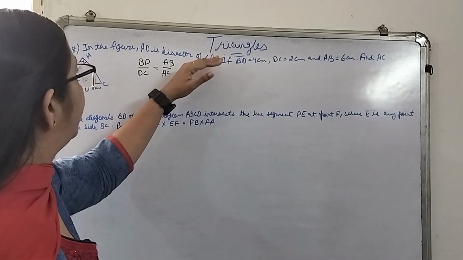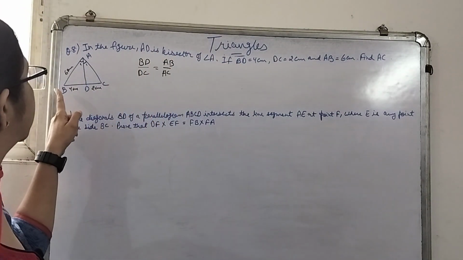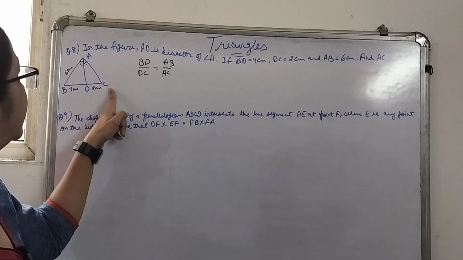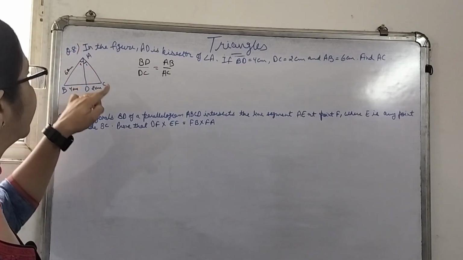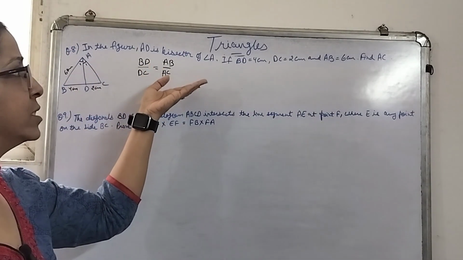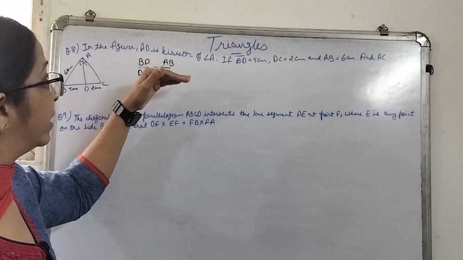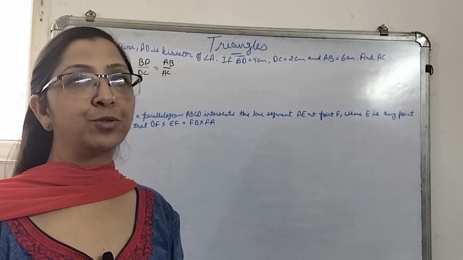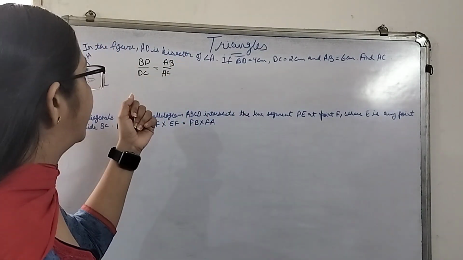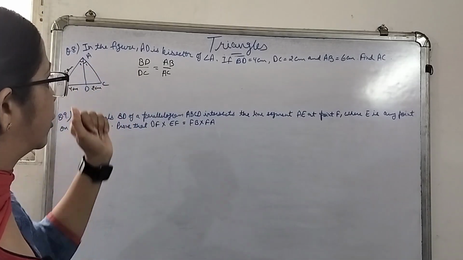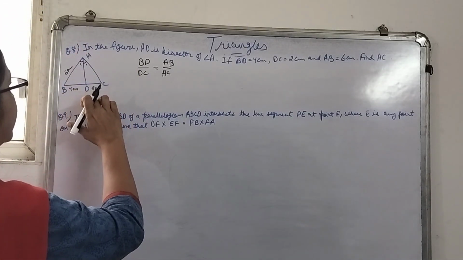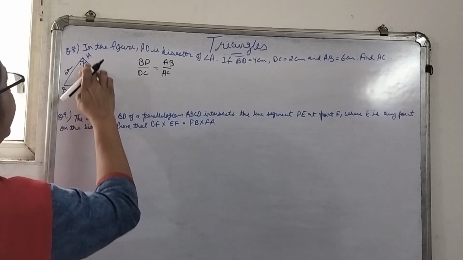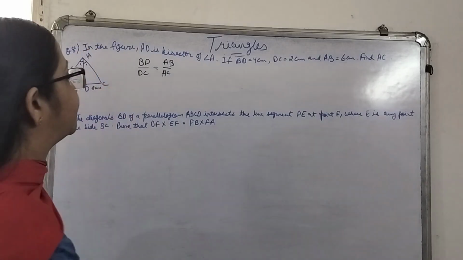So by simply applying the angle bisector theorem, we can say that BD over DC is equivalent to AB over AC. If it is for 1 mark, we can simply solve like this. And if it is for 3 marks, then we have to prove the theorem also. Because it is for 1 mark only, we will directly apply the concept that if this is the angle bisector, then BD over DC will be equivalent to AB over AC.